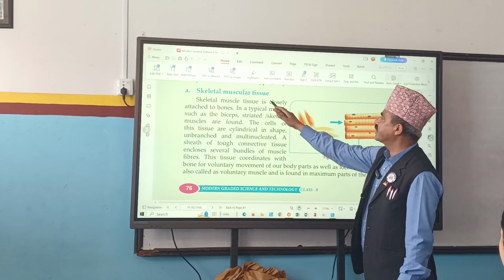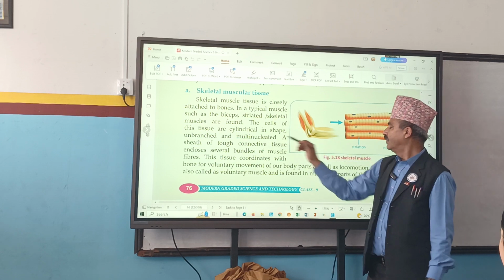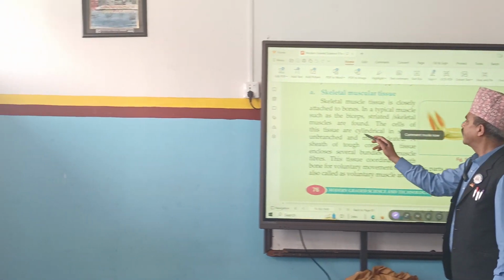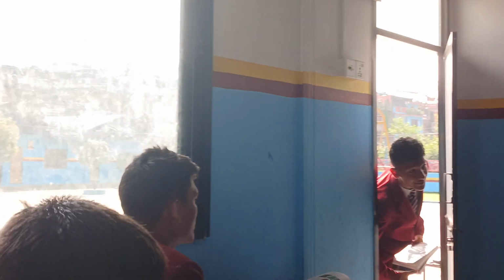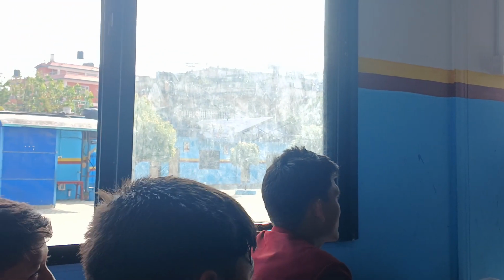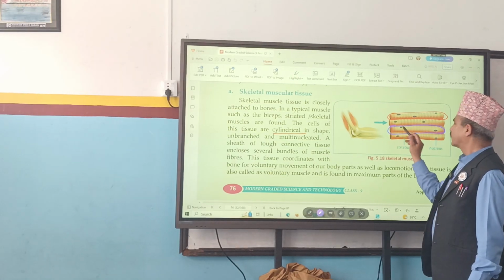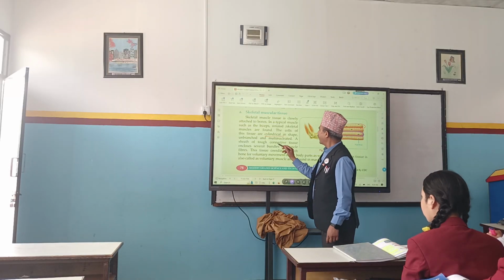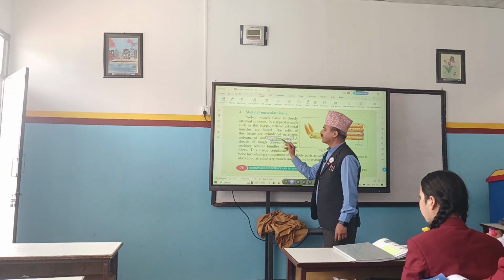And what is the shape of skeletal muscular tissue? In which shape are they? Cylindrical in shape. See, it is a longer one. Just check here. This is cylindrical shape. This is also cylindrical shape, like a cylinder. And they are multinucleated.